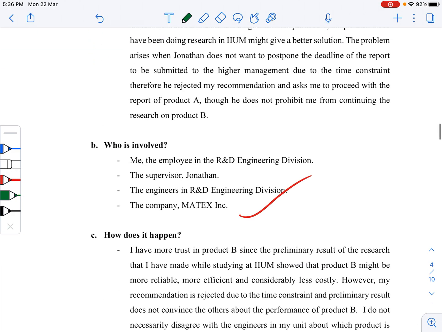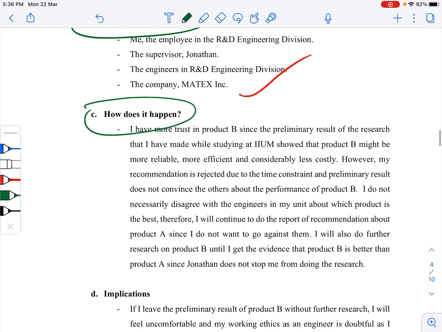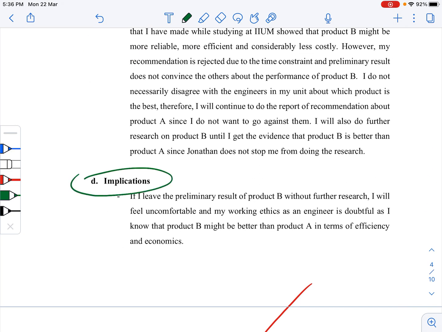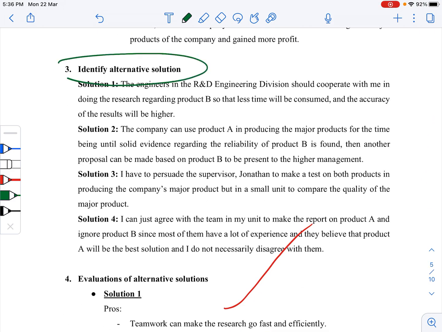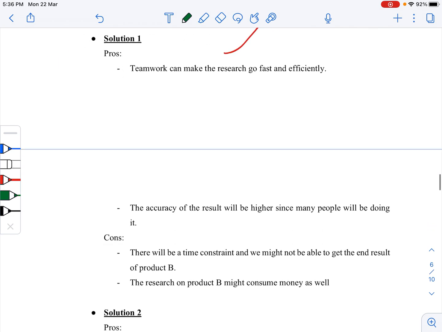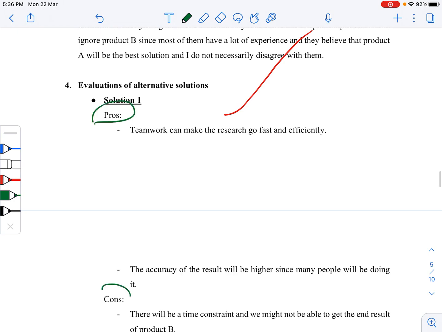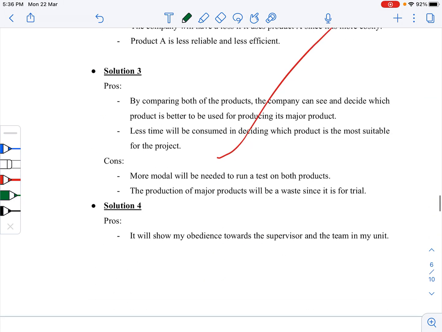And nicely here she wrote who is involved. Maybe you want to identify who's involved, how this happens, and what the implications of this problem are. Then she identifies the alternative solutions. Here there are 4 solutions, and for each one she evaluates the pros and cons. That's also a method.